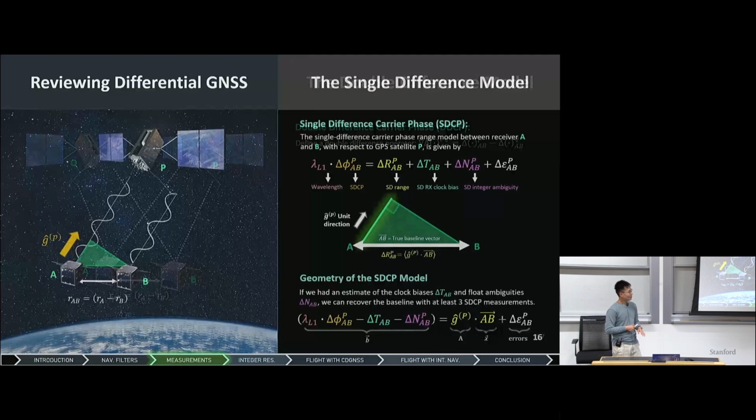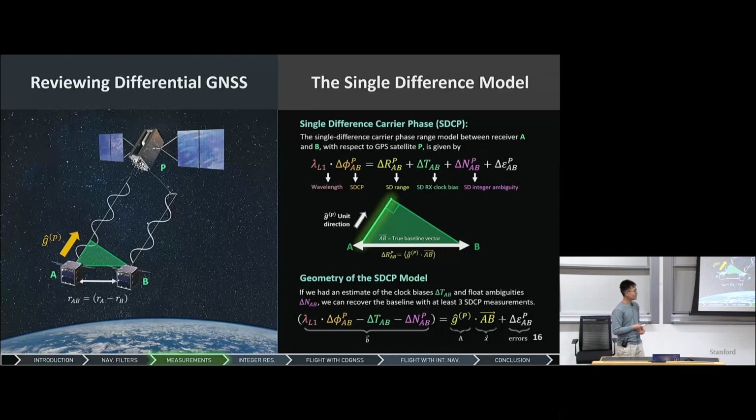Before we talk about double differencing, one way we can do this is to take these terms out and actively estimate them in the Kalman filter. Because these are just biases, if you have sufficient measurements and a good understanding of the dynamics, your filter would be able to converge and guess what are the bias terms that best explain your observations.